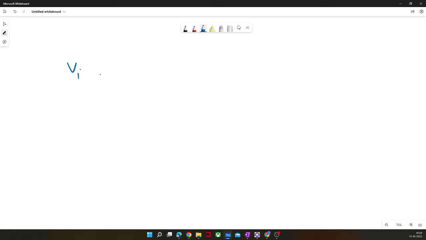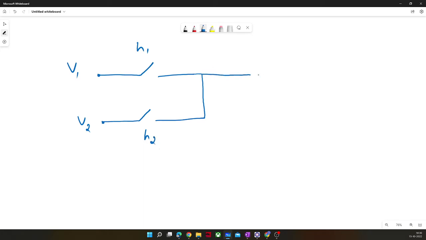So let's say this is the circuit here. Two switches are connected. This is V1, this is V2. This is working with H1 switching function. This is working with H2 switching function.